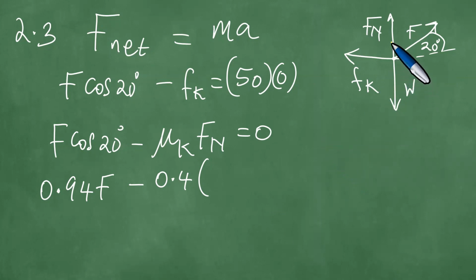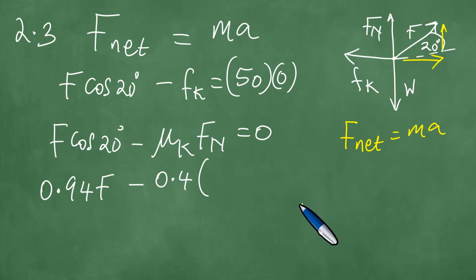Because the normal force has to do with the vertical, when it comes to the forces in the vertical, we're going to find F net, which is MA. Finding F net, which is MA, we consider every force that is in the vertical. So we're going to consider a couple of those forces.